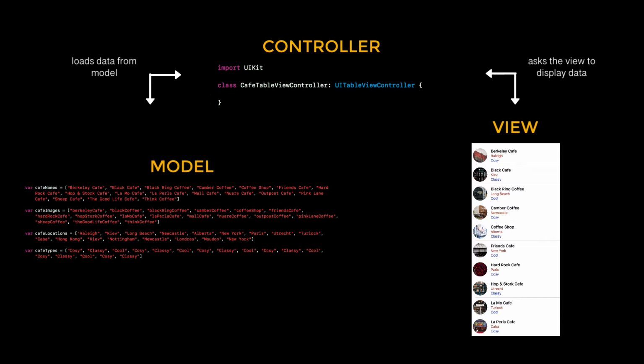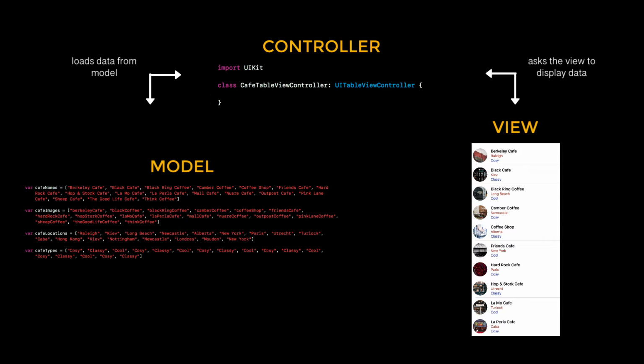The second part is the view. A view manages the visual display of information. For example, UI table view displays data in a list format. And finally, the third part is the controller. A controller is the bridge between the model and the view. It translates the user interaction from the view into the appropriate action to be performed in the model, okay?